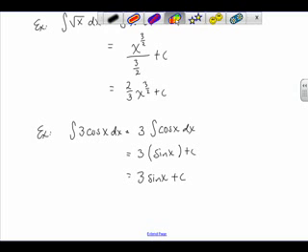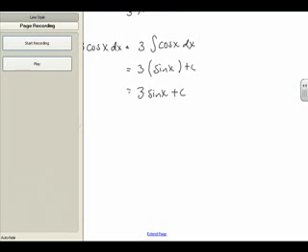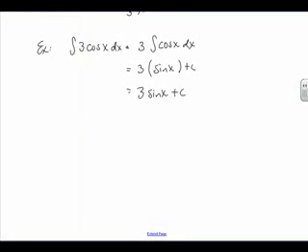Now, it is worth actually writing down, so bear with me while I get ready to do that. You can always check your antiderivatives. Differentiate your answer.